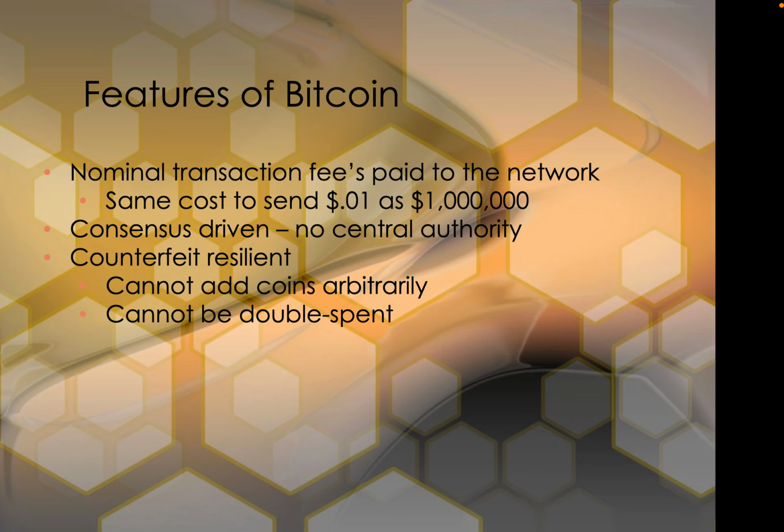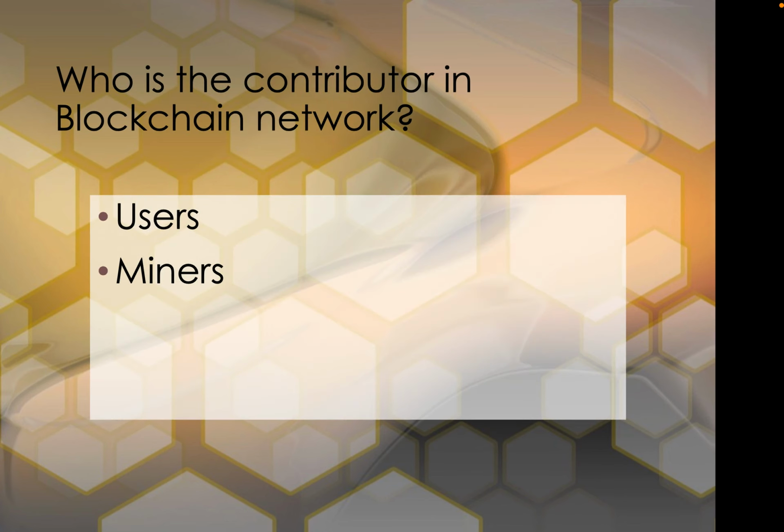If you have $1 and you spend it twice, and you cannot prevent things like that, then your whole system will crack, right? And there is a really interesting way to prevent double spending from happening.